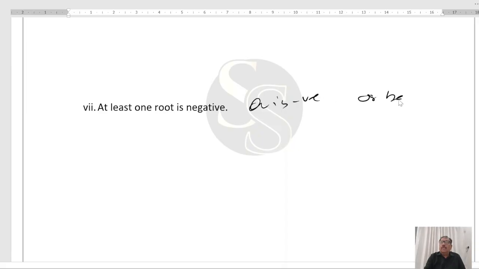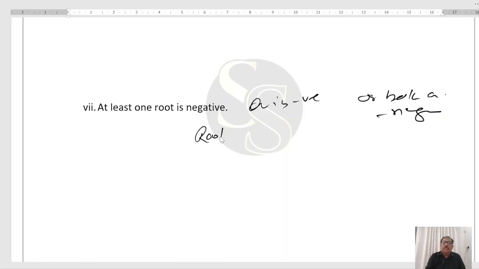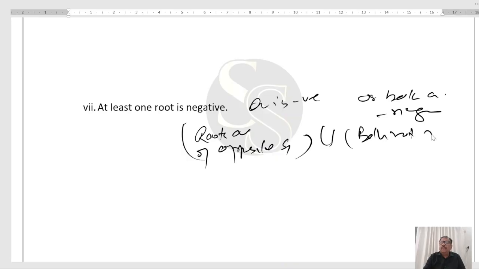And at least one root is negative: one is negative, or both are negative. Negative means roots are of opposite sign, union both roots negative.